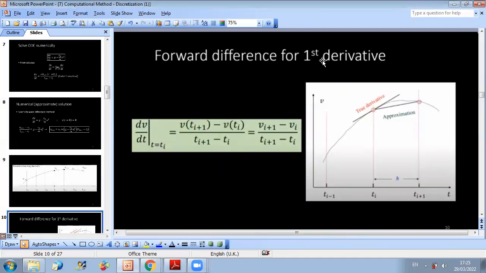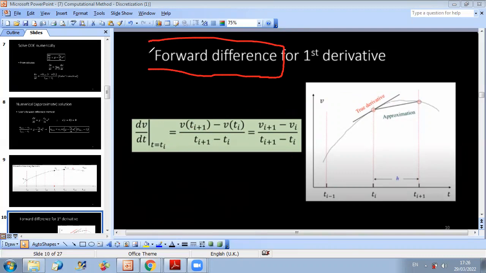Now, let us go into detail again about the different methods used for approximation of the first derivative. You can approximate the first derivative numerically using several methods. The first method, Euler's method, is forward difference.